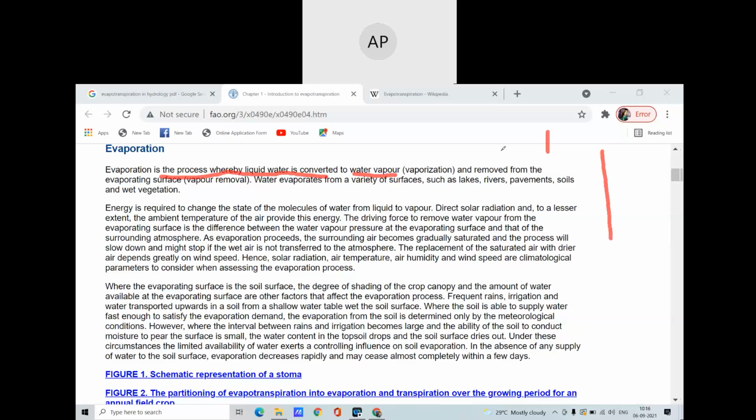So evaporation is the process where liquid water is converted to water vapor and removed from the supporting subsurface.